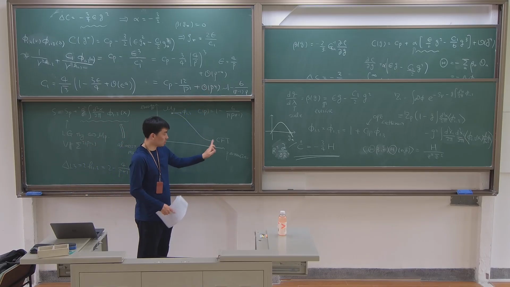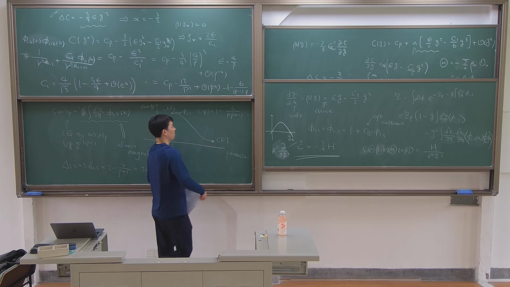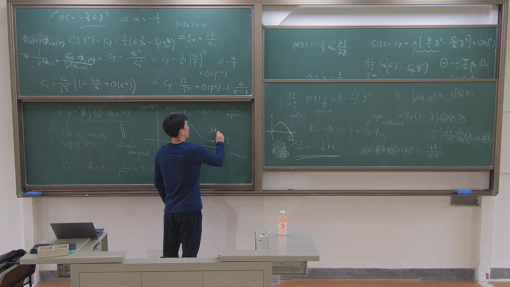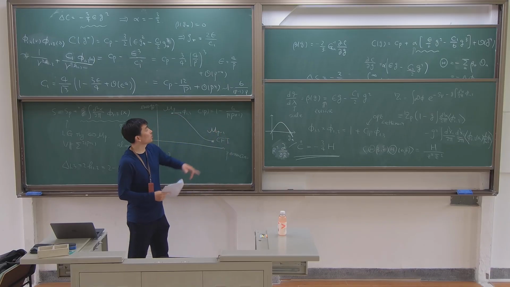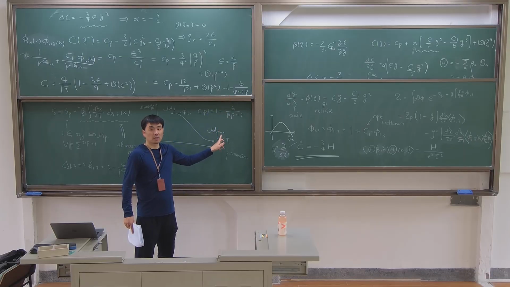So this means that the flow, the IR CFT, is in fact M_{P-1}. This indicates that the central charge is that of the P minus 1 unitary CFT.